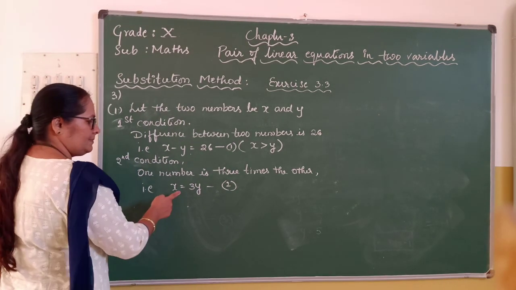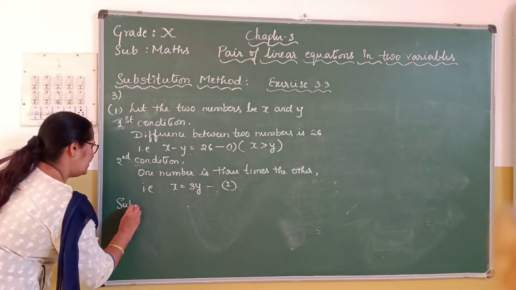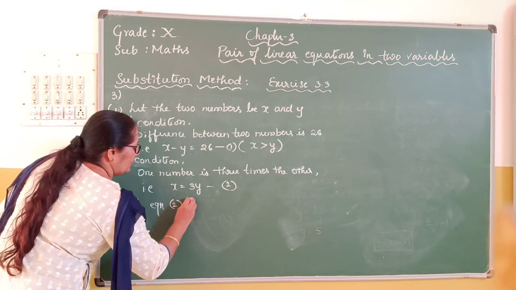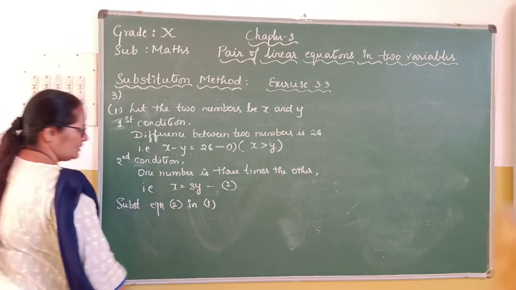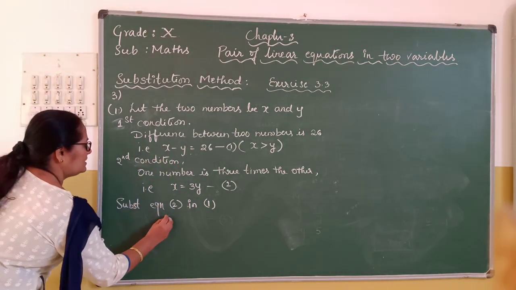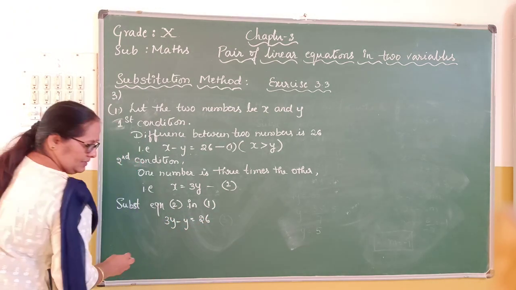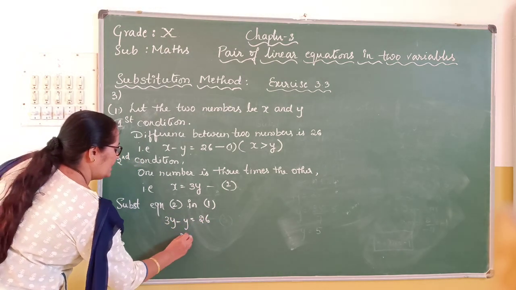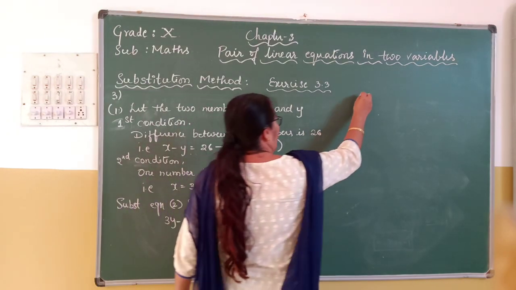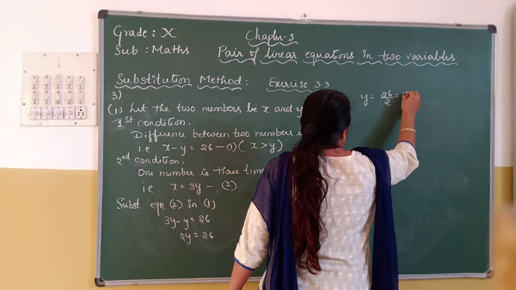Now substitute equation 2 in 1. So if you substitute equation 2 in 1, what will we get? x is 3y, so 3y minus y equals 26. 3y minus y is 2y equals 26. So y equals 26 by 2, which is 13.